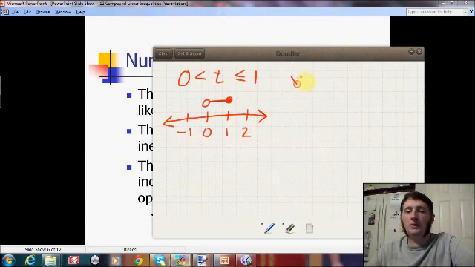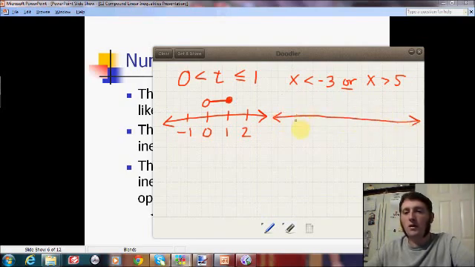Our other inequality, x is less than -3, or x is greater than 5. Number line graph. Let's count by twos. It's kind of cheap. Let's put 0 right in the middle. 0, 2, 4, 6, 8.